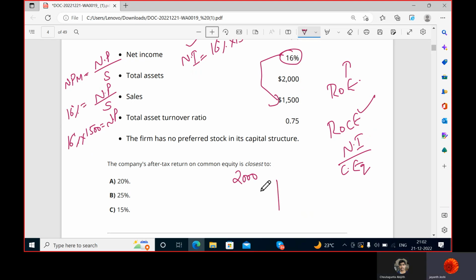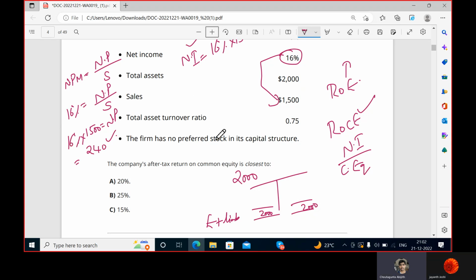Yes. So if this is a balance sheet and total assets are 2000, the total of liability and equity should also be 2000, equity plus liability. We were discussing the net profit, no, net profit is done, na. 16% of 1500 is how much? 240. Okay, fine. Now you have to find out the common equity and tell me.